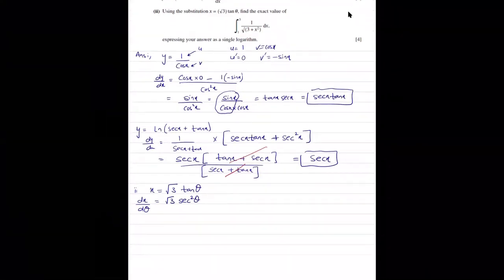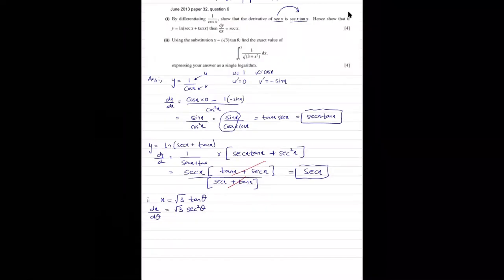Yes, sir. So if you look at the expression of 1 upon square root of 3 plus x square, I need the x square term over here. So I can square both sides, and I'm going to get x square equals 3 tan square theta.